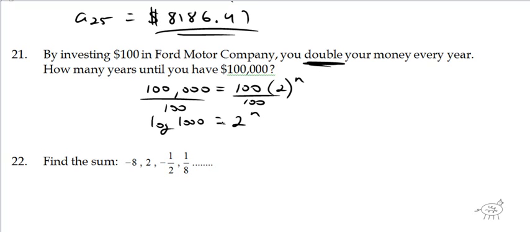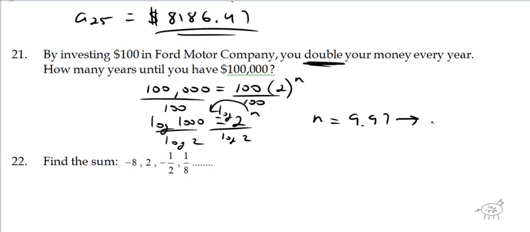Well, then I take the log of both sides, and I put the n in front, and I divide both sides by log of 2. So n comes up to log of 1,000 divided by log of 2, which comes out to be 9.97, and you always round up. So n comes out to be 10 years.